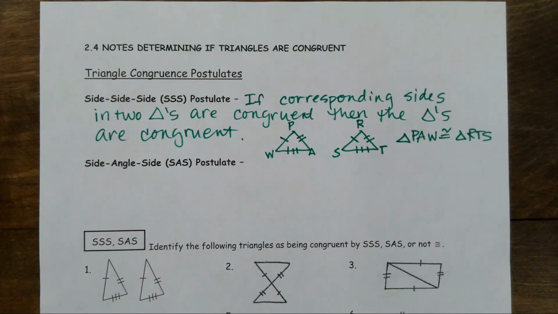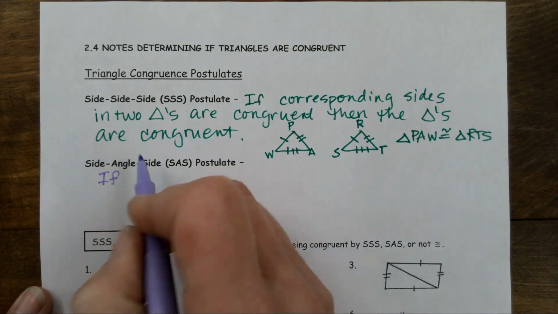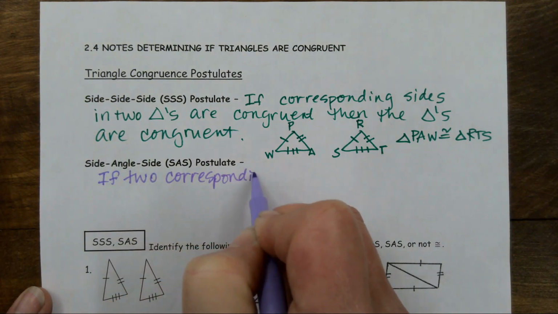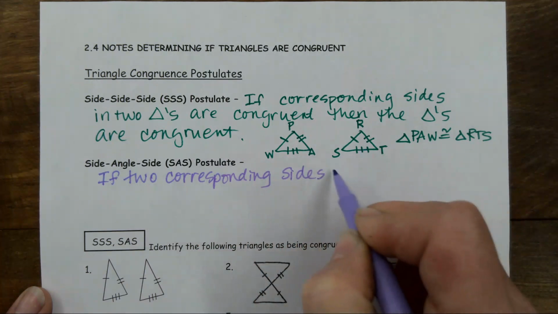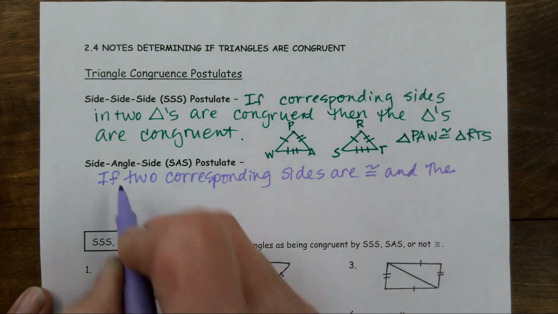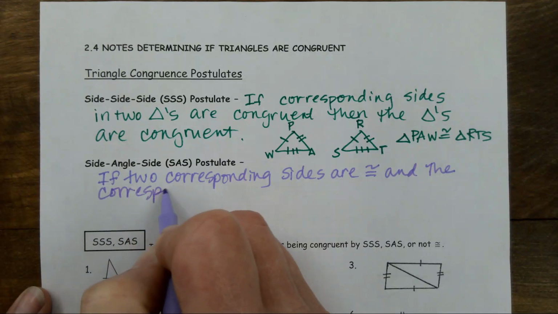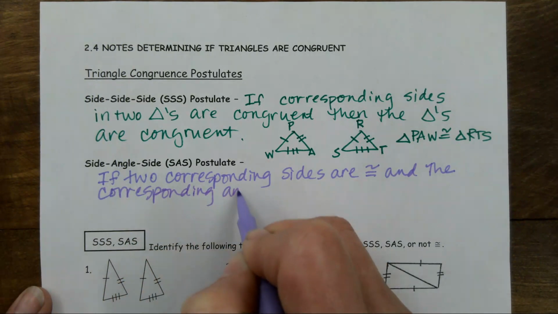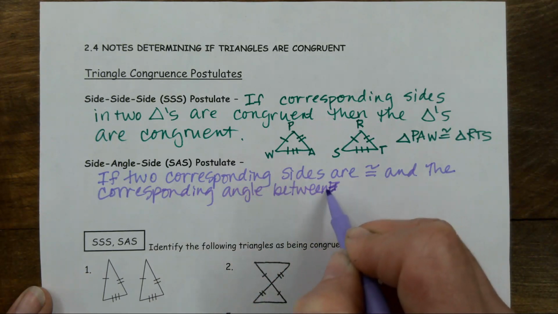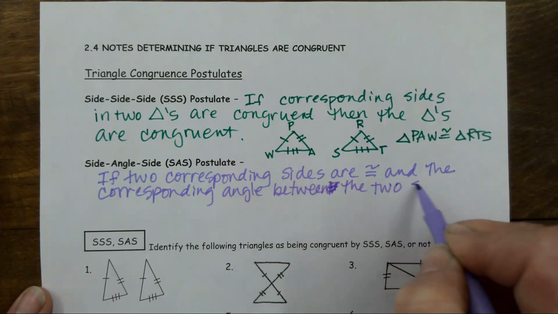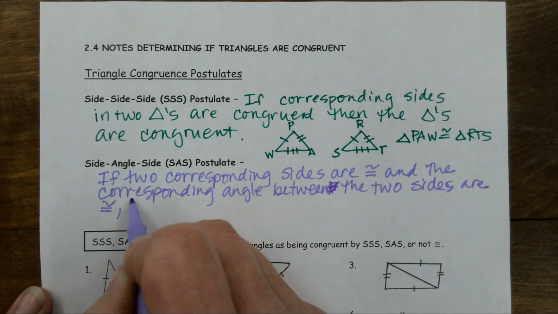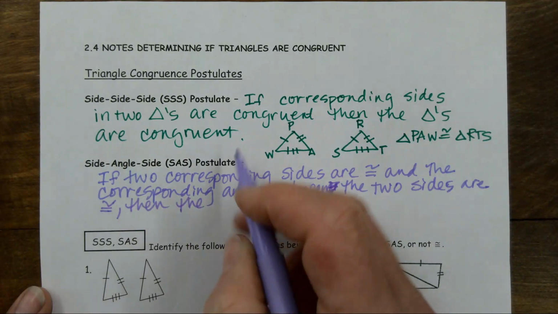So we say if two corresponding sides are congruent and the corresponding angle between the two sides are congruent, then the triangles themselves are congruent.